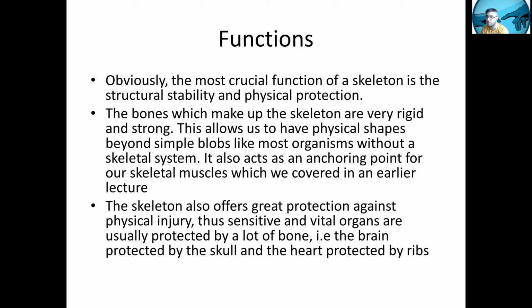Bones are hard and rigid, which gives a person their physical shape, like a finger or a hand, beyond simple blobs like most organisms that don't have a skeletal system. So I think jellyfish or worms don't really have a straight rigid structure. They're kind of blobby, whereas we are more stationary. We can walk upright, things like that.